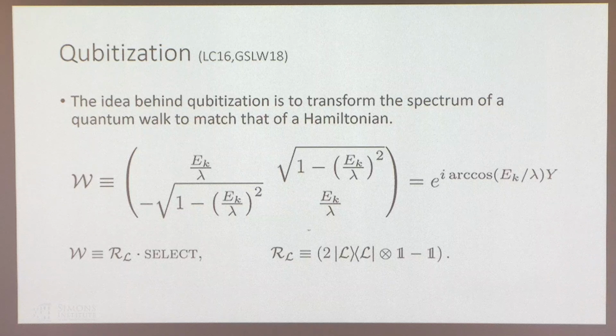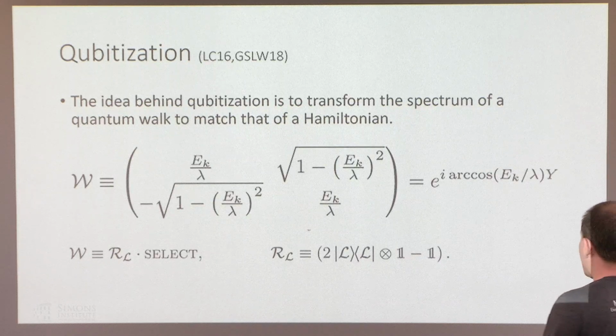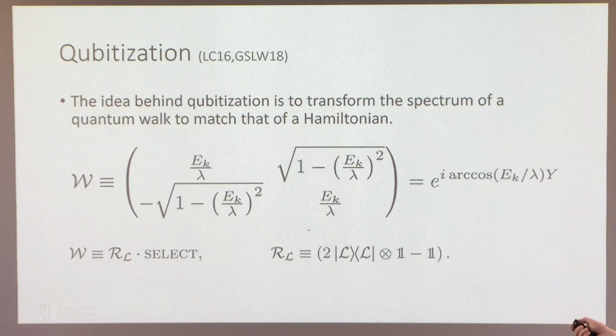And this is an example of what one of those subspaces looks like when you rip it away. So these E_k over here are the eigenvalues of the Hamiltonian. Lambda, if you recall over here, is defined to be just the sum of the, in general, absolute values of each of these coefficients of the Hamiltonian. And so you can see, hey, wait a second, that looks just like a sigma y rotation. And so that's what I wrote over here. This is just the sigma y rotation that is equivalent to that two-dimensional matrix over there when you break it up into these little blocks.